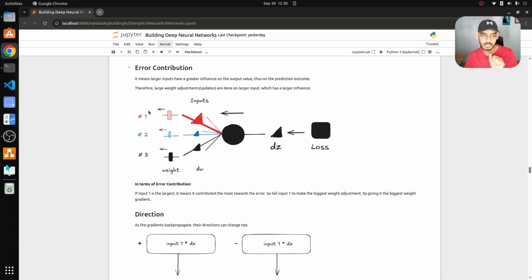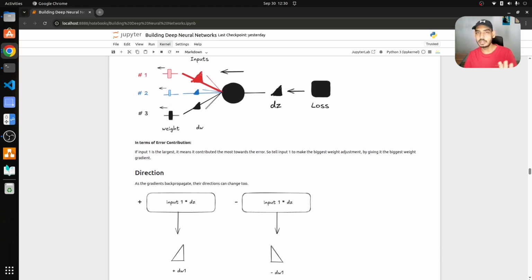For instance, we have 3 inputs, 1, 2 and 3, and assume input 1 has a larger impact on the output. It will have a larger gradient that we have to calculate, so that we can update its corresponding weight. That needs to be done with the help of backpropagation. If input 1 is the largest, it contributed the most error, so we tell input 1 to make the biggest weight adjustment by giving it the biggest weight gradient.